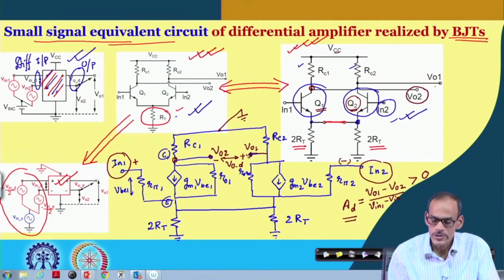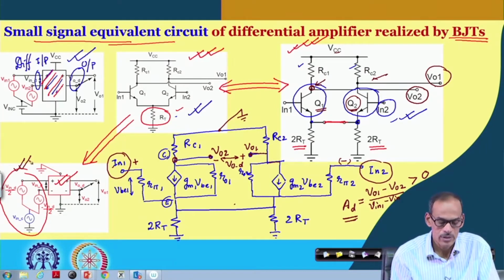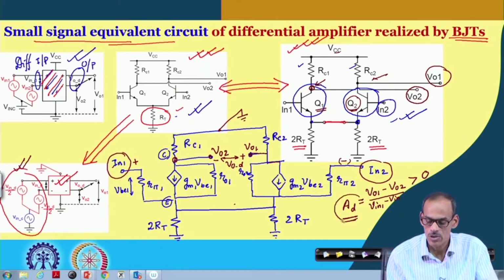So, with this convention, namely if I consider this is VO1 and this is VO2, then we are getting AD positive. So, now with this model what we can do is put a stimulus and then do the subsequent analysis to find the expression of differential mode gain.